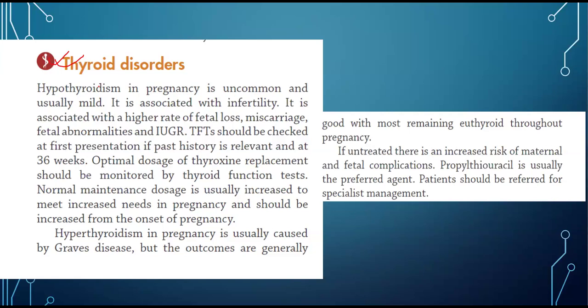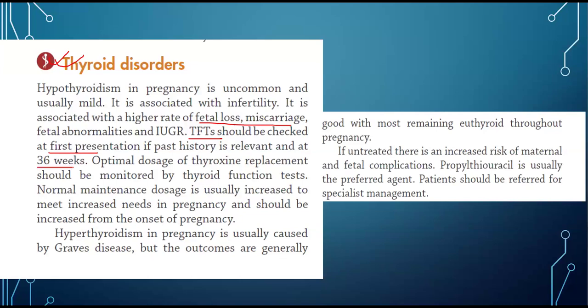Thyroid disorders. So thyroid disorder in pregnancy is not very common and it's not very important as well. But if a patient has thyroid disorder, there is a high rate of miscarriages. That's why normally, if there is a past history of thyroid disorder, we check their thyroid function in the first trimester.